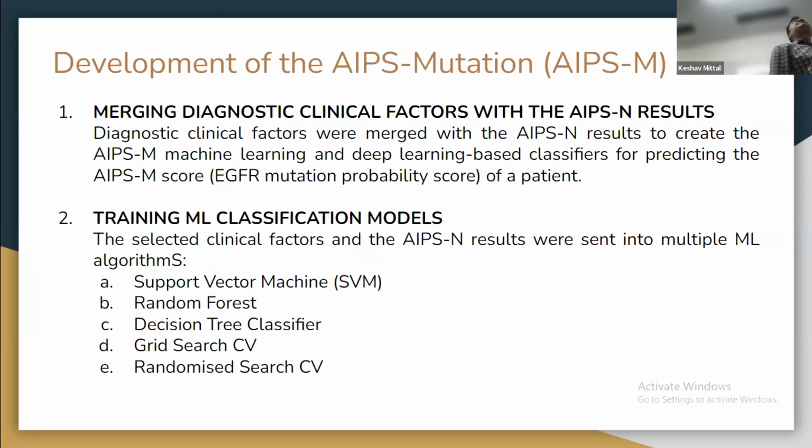Then next step, as I was telling you, we need to integrate the genomics data. So we brought in another artificial intelligent predictive system where we brought in the mutation information, and we call that program or that system as separate from A and N. N was your nodule.